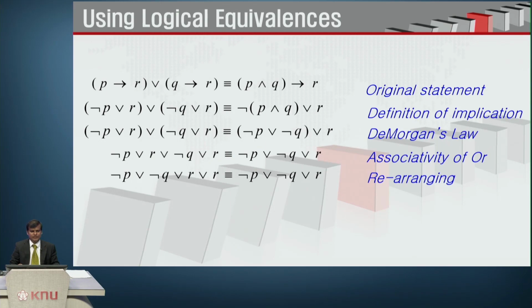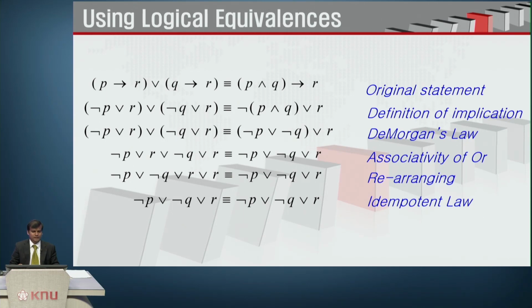Yes, negation of P or negation of Q or R is there. So you can see that when you use the idempotent law, R or R is similar to R. So you can just write it as R, and that's it. There you are.